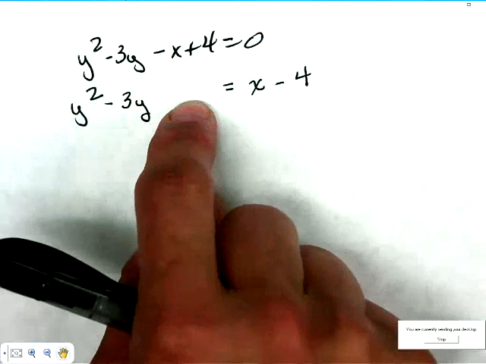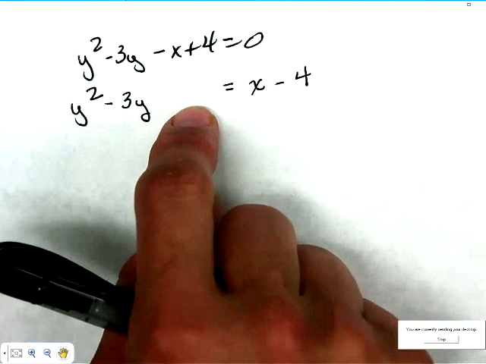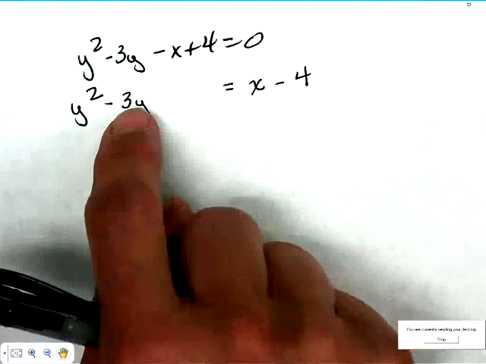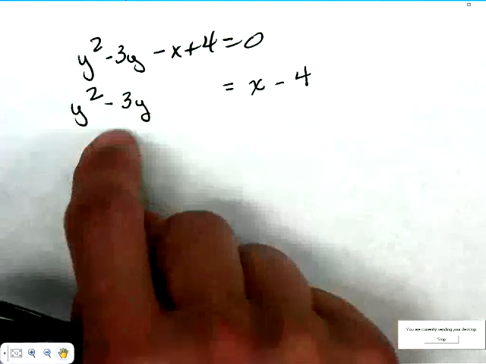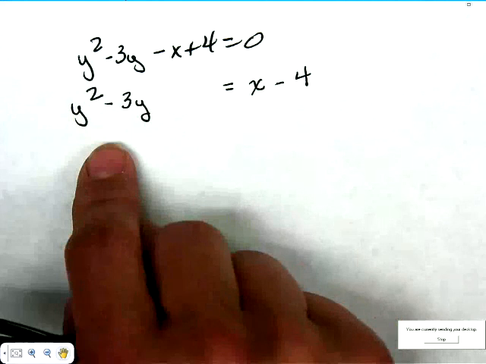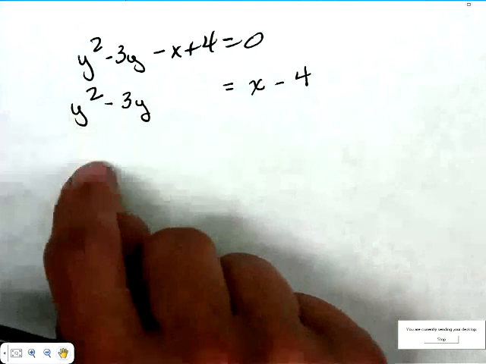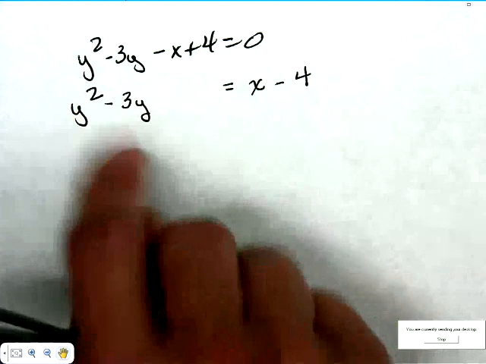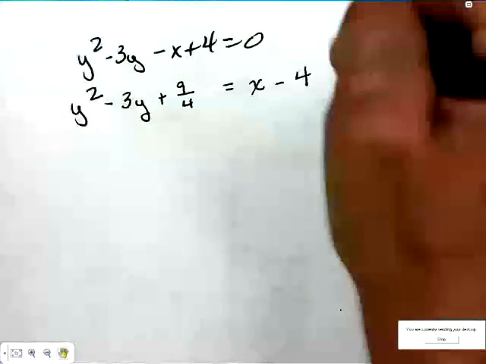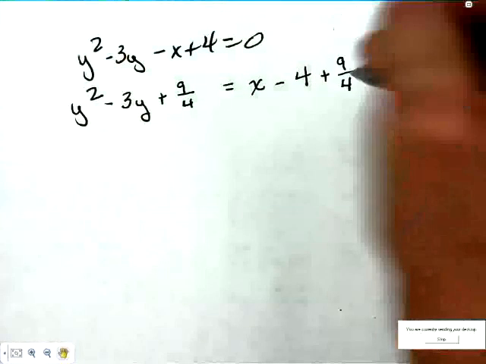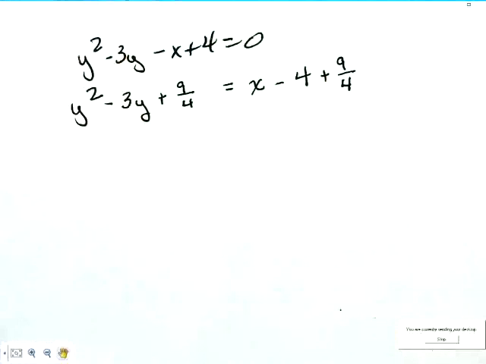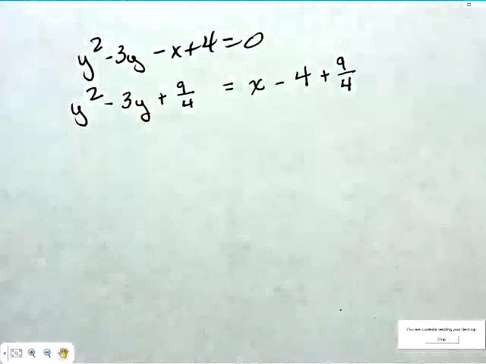Man, I don't like to think of that as a decimal. You're right. Half of 3, I'd rather just leave it 3 over 2, and then I can square it in my head. 3 halves squared is 9/4, so I would add 9/4 to the left, and then, of course, I'd have to add 9/4 to the right. But that is 2.25. It just more obviously came off of your calculator than out of your head.